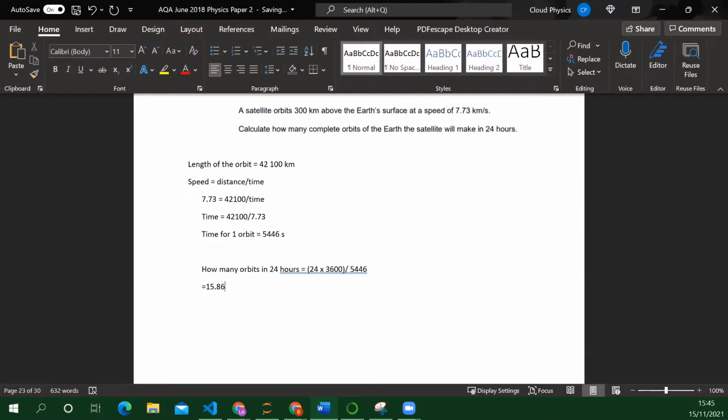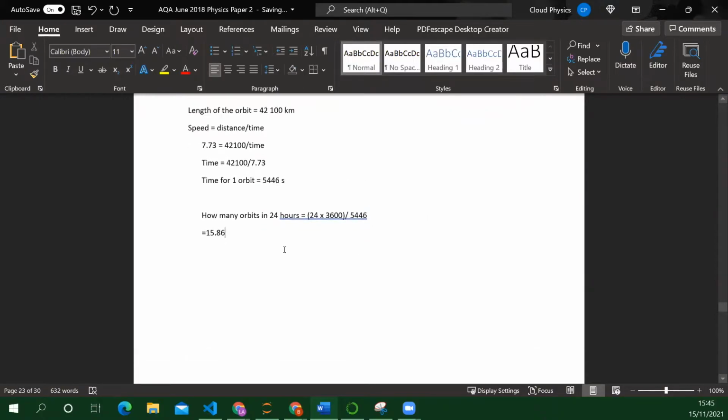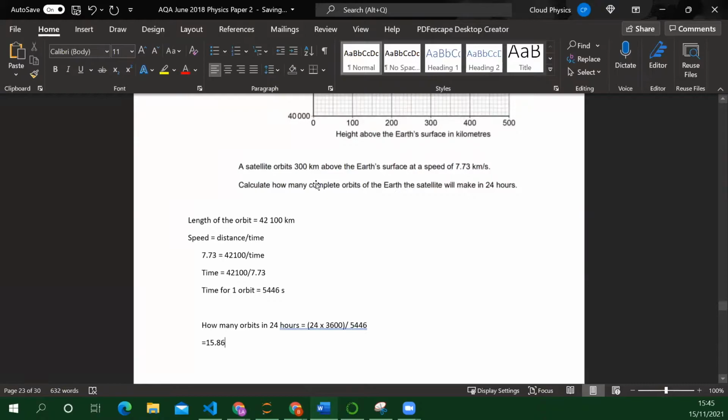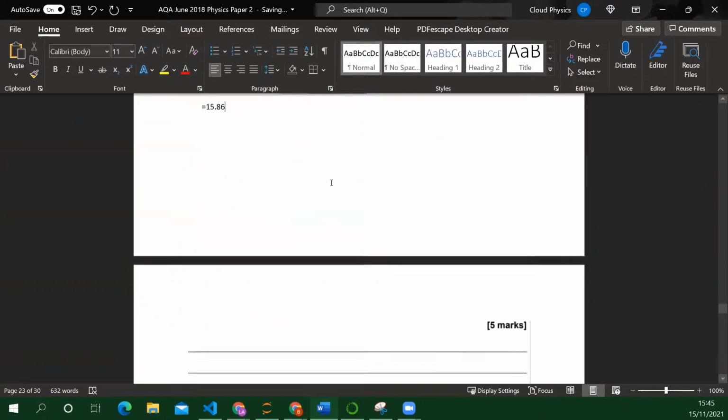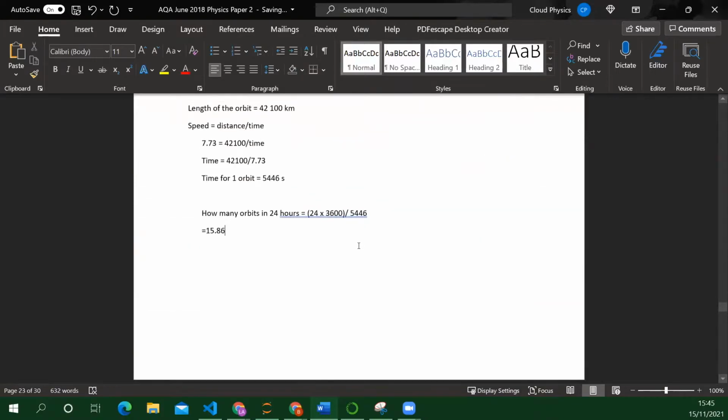So I think there's no hard maths here, it's just remembering what we're doing. Obviously, we're checking what we're doing all the time. We're asked for complete orbits, so 15.86 is not a complete orbit. It's like saying 15.86 people. You can't have that, it's 15 or 16. So for our answer, we would write 15 complete orbits.